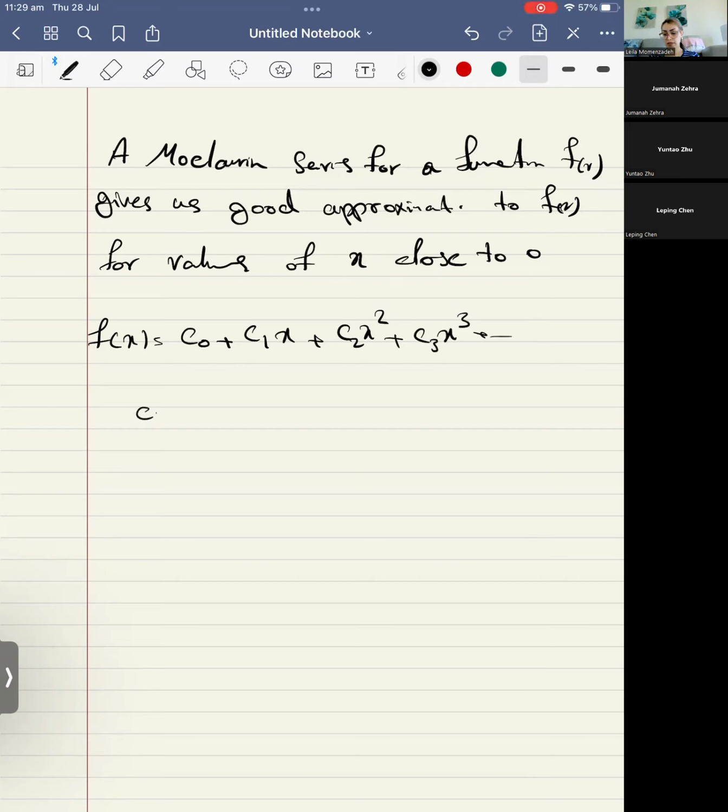It means c0 plus, let me write here, cn f^n(0), and you know that cn is equal to f^n(0) over n factorial.